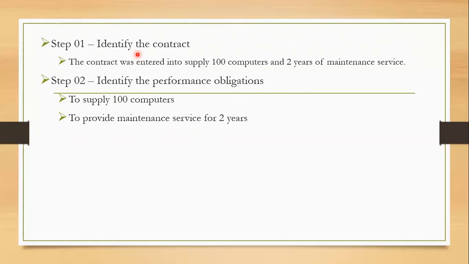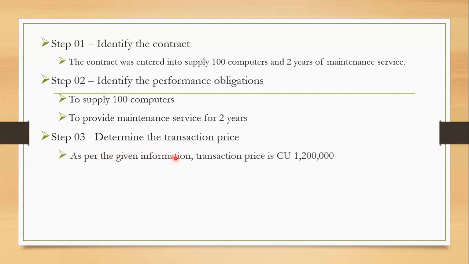Having identified the performance obligations, we can move to step number 3, determine the transaction price. How are we going to determine the transaction price? As per the given information, the transaction price is currency unit 1.2 million. That means our customer has agreed to pay 1.2 million for satisfying these two performance obligations.